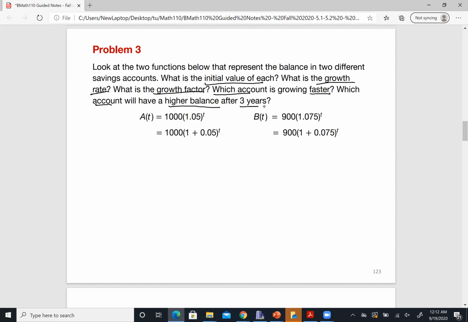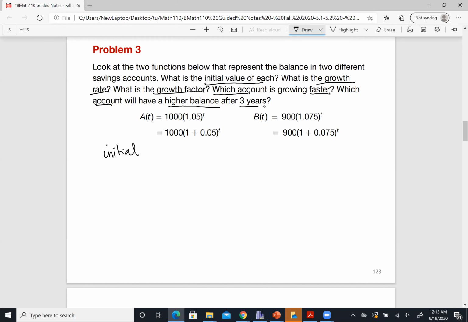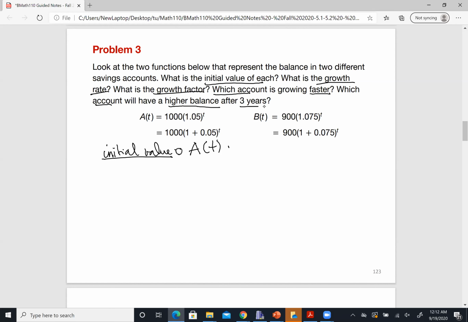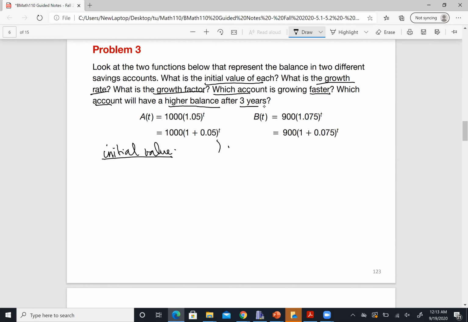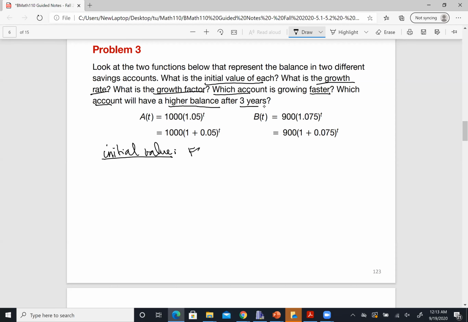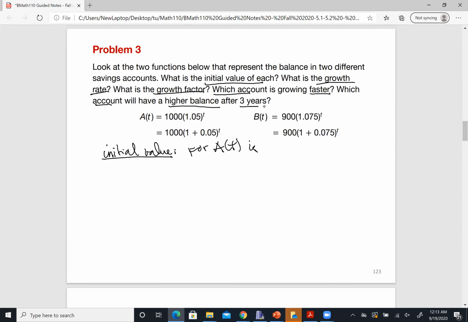So for the initial value of A(t), what is the initial value?